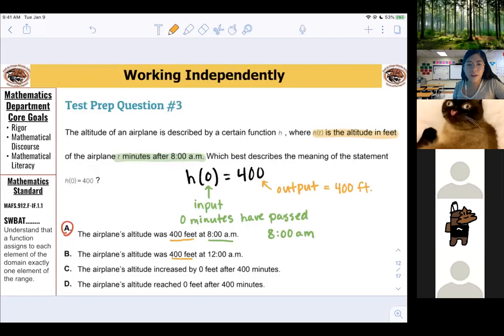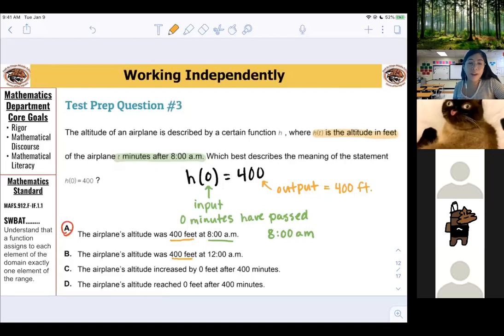Why would something like answer choice D maybe not make sense in the real world? It would make sense. It's just that it's an airplane. It would be flying upwards, and I don't think it would be stationary for that long. Exactly.